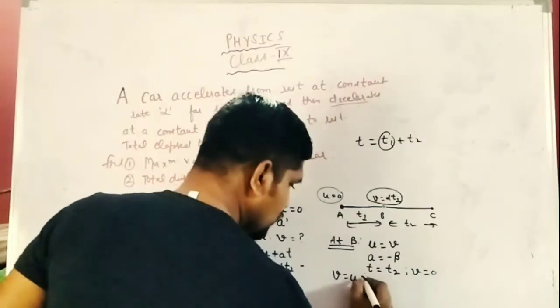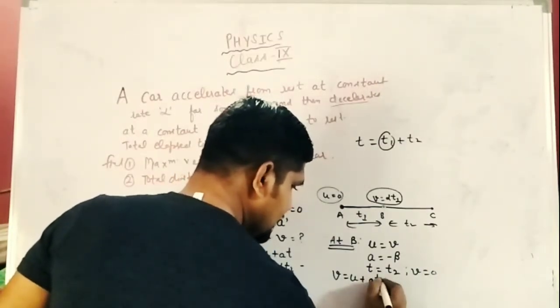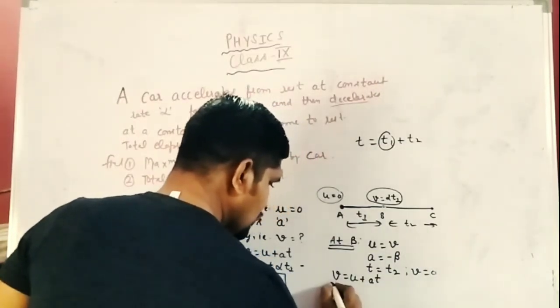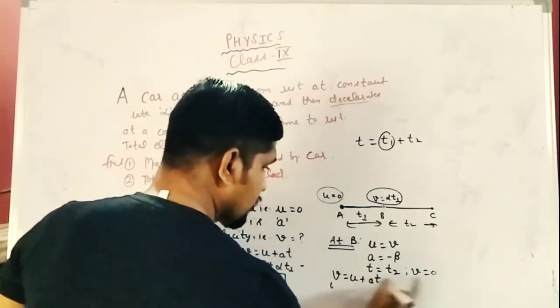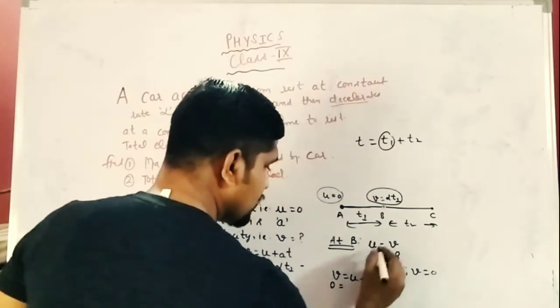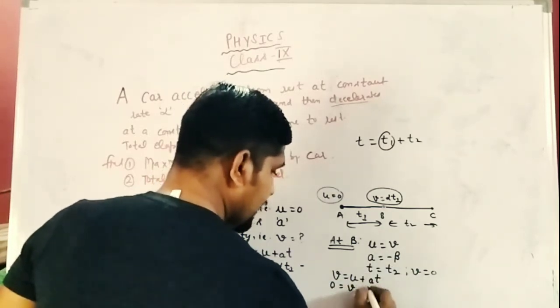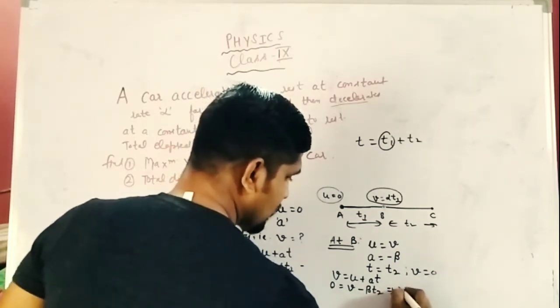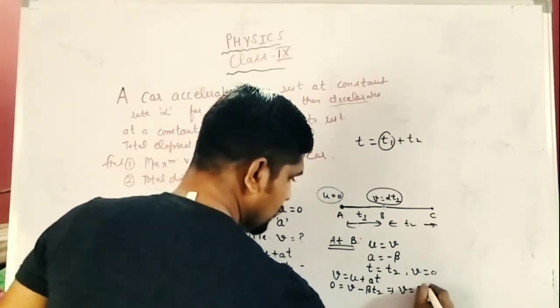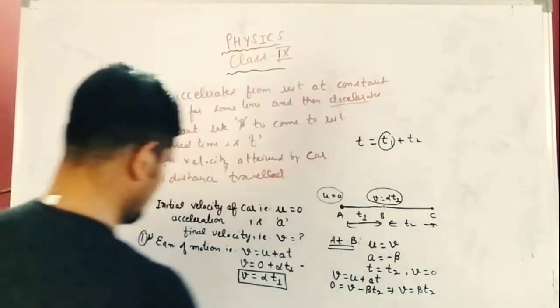So v is equal to u plus at. So final velocity is 0, u is v, a is minus beta, t2. It means v is equal to beta t2.